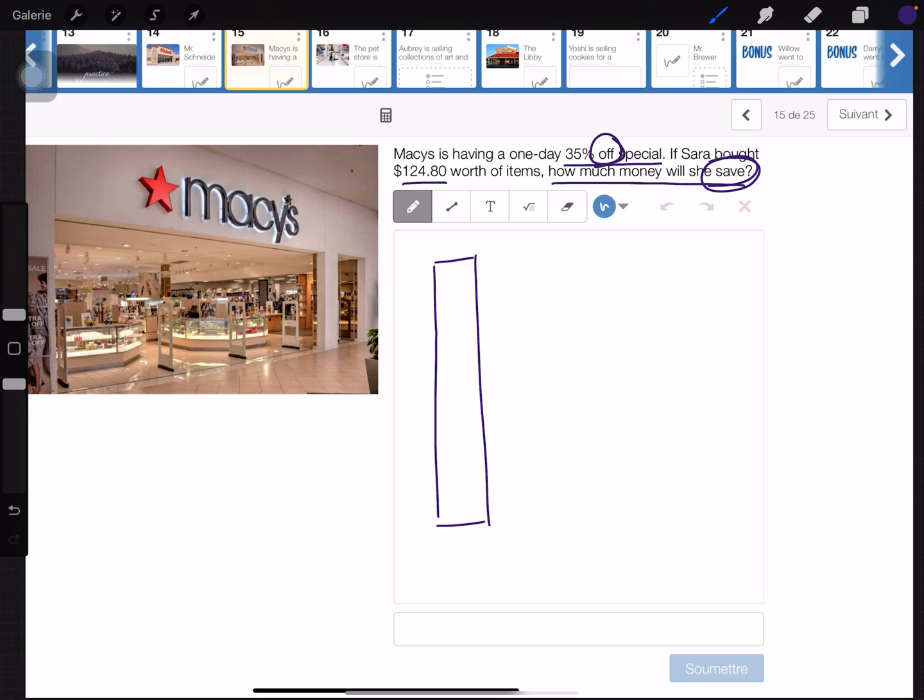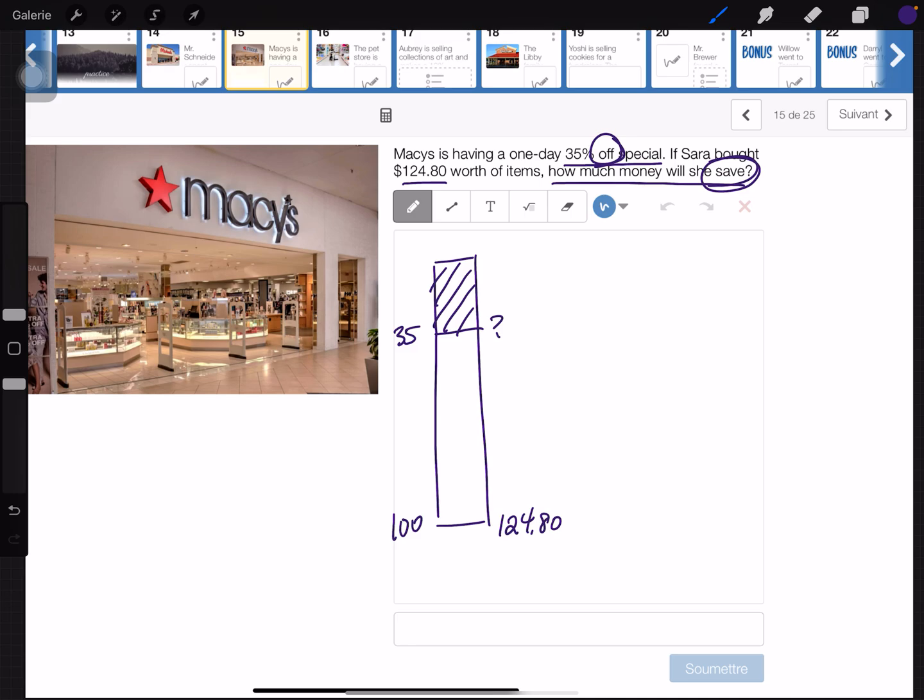So we can set up our proportion. 35 out of 100. And I don't know what 35% off is. I'm looking for that. But I do know that 100%, her total bill, was $124.80.